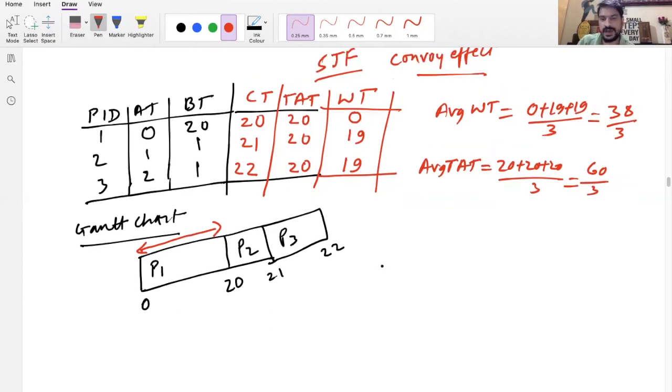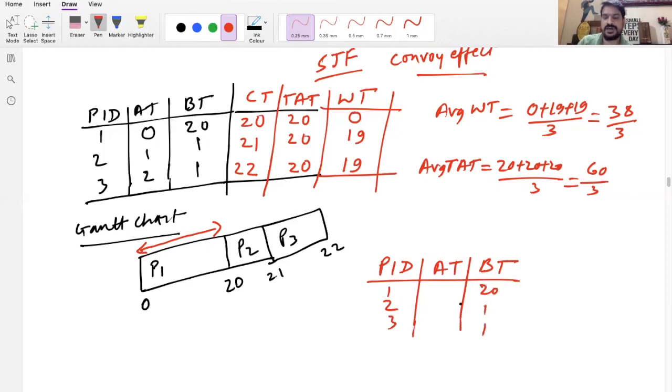If we have these process IDs, the arrival time and the burst time, and the sequence is like this, the burst time is the same, but the sequence of the arrival time will be different. Let's say P1 is taking 2 units of time, P2 is taking 0 and P3 is taking 1.